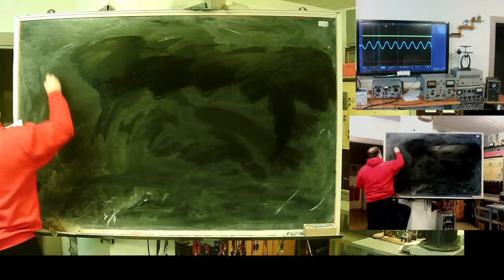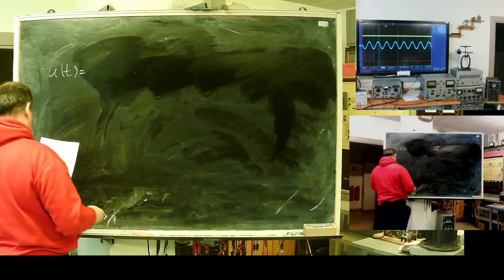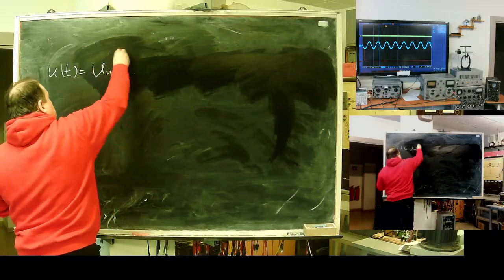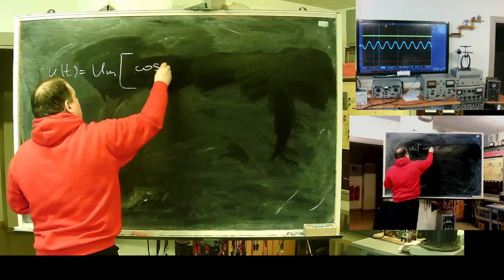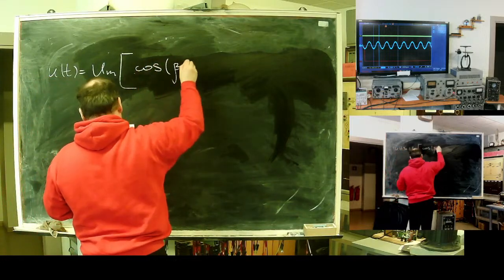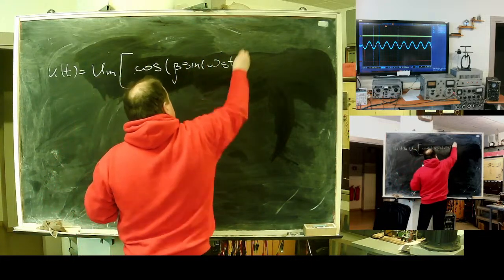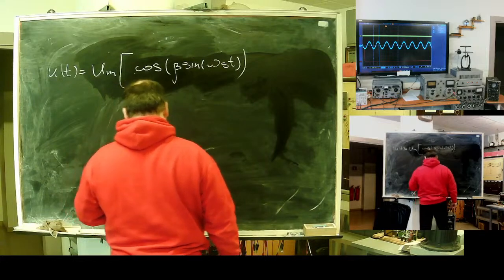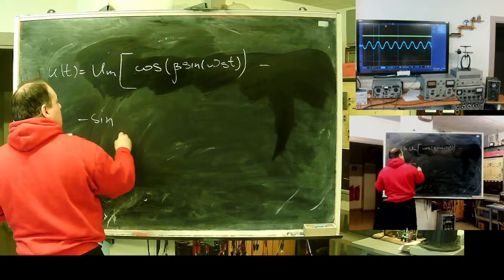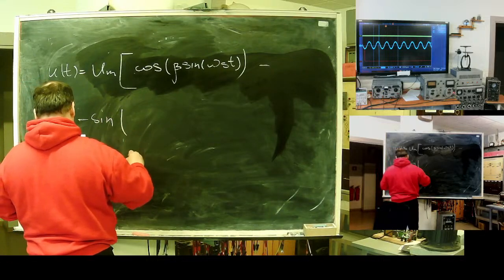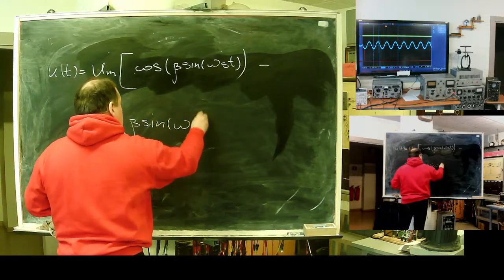I can rewrite it as O maximum cosine beta sine omega s minus sine of beta sine omega s time.